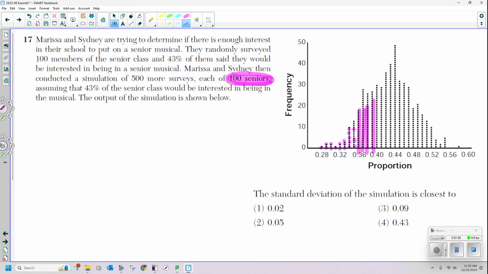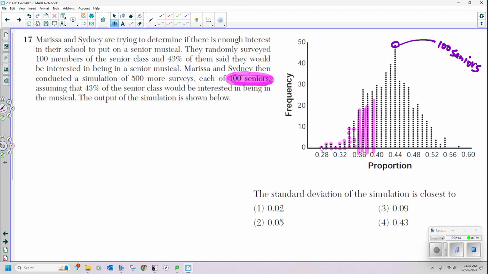Each dot, this one right in the top, represents a survey of 100 seniors, assuming that the average for each one of those dots would be about 43%.